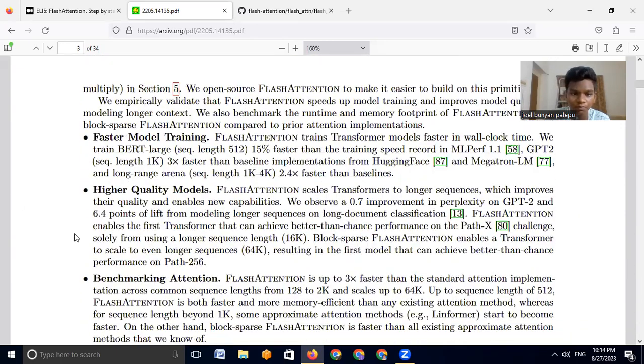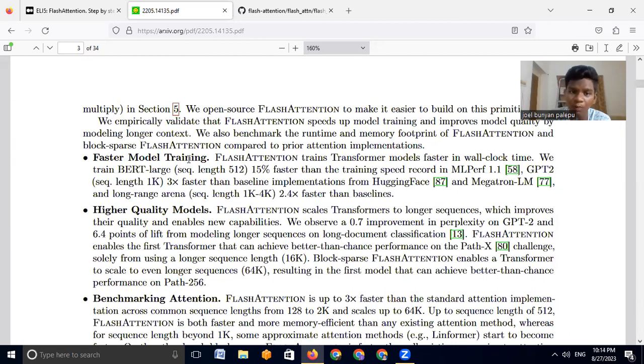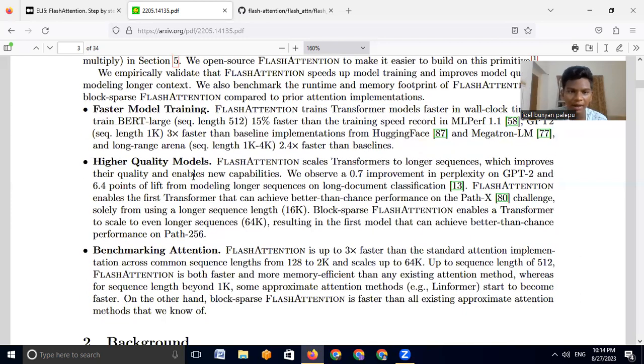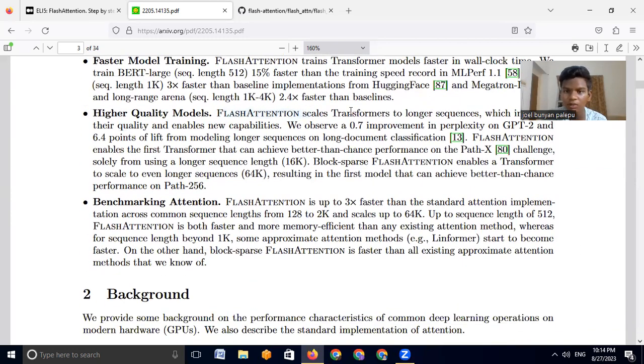So we get faster model training. I think in this paper they have used these techniques or algorithms on the BERT model, right? They train a BERT model with the BERT architecture, right? And then the higher quality models.